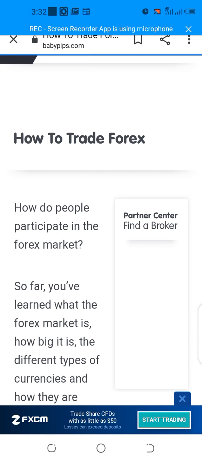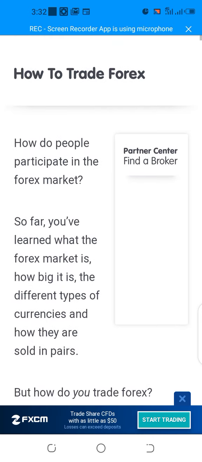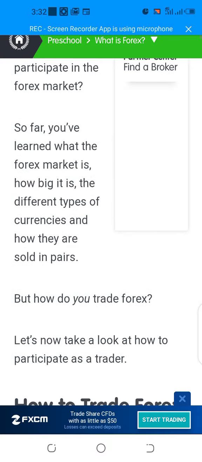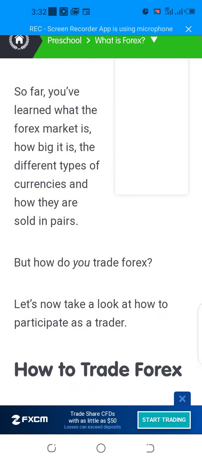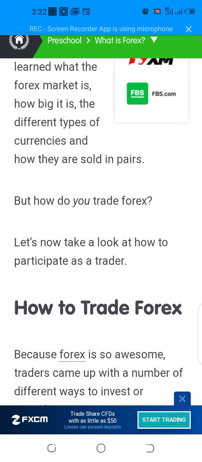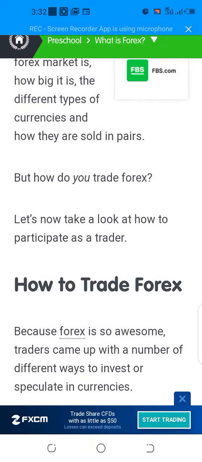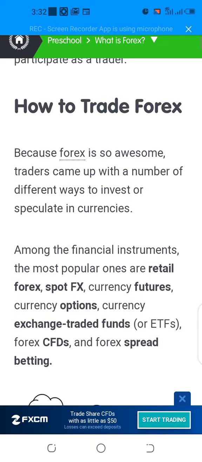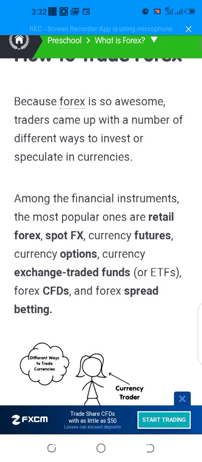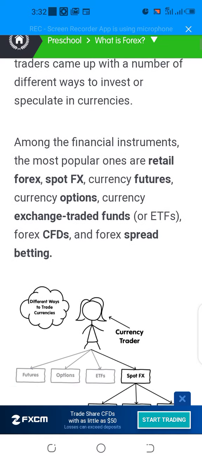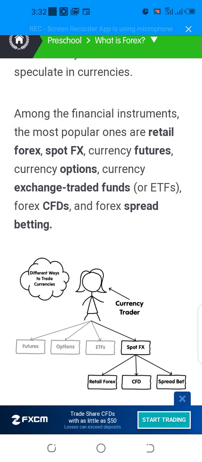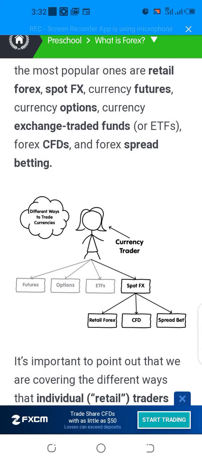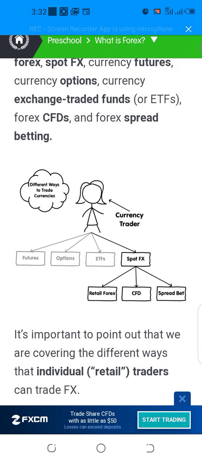What we do in this case is we now say 0.0001 divided by 1.4550 multiplied by 100,000. This gives us $6.87 per pip multiplied by 20 pips. This now gives us $137.40. That is how to calculate pips.